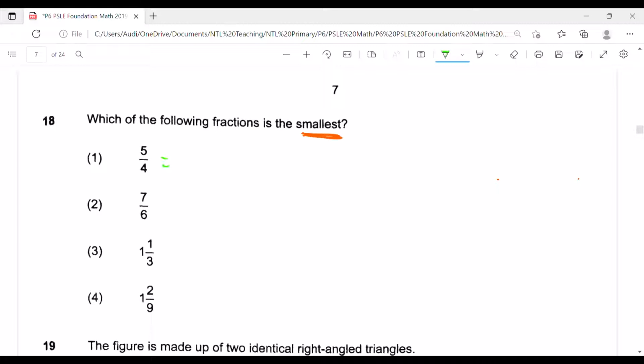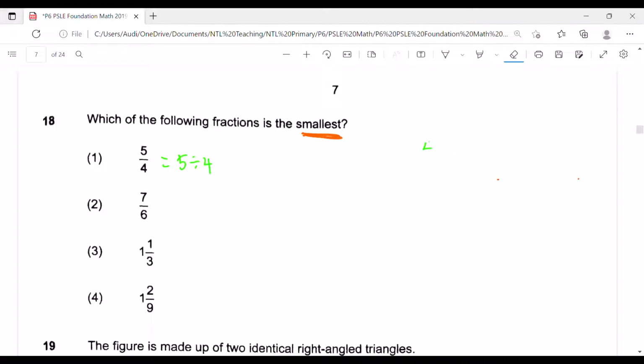Okay, this is 5 over 4. 5 over 4 means 5 divided by 4. Notice the way as I say it, notice what I write.